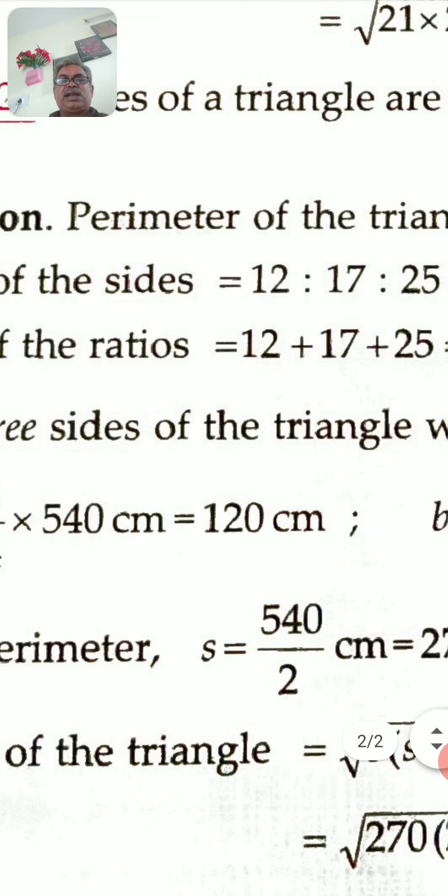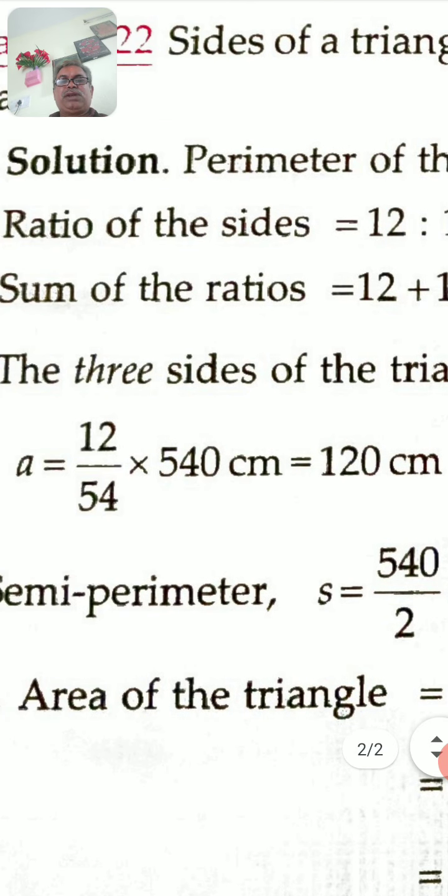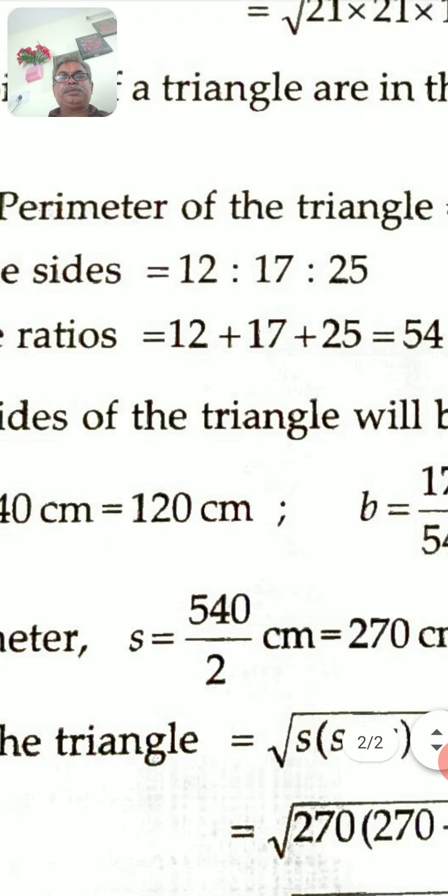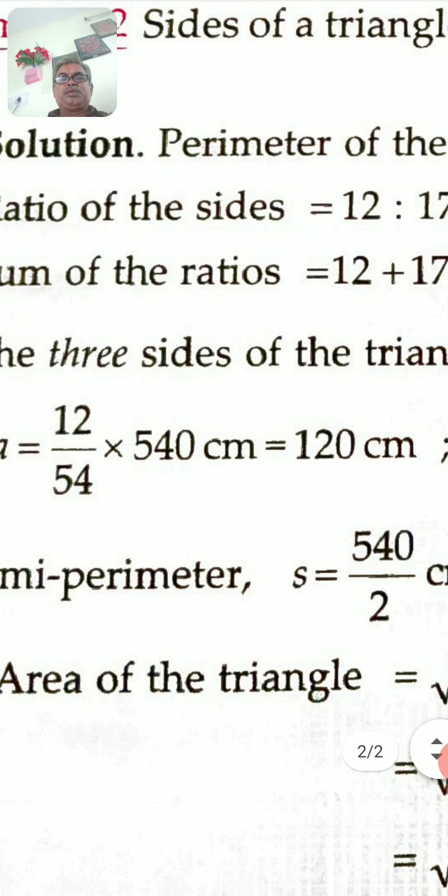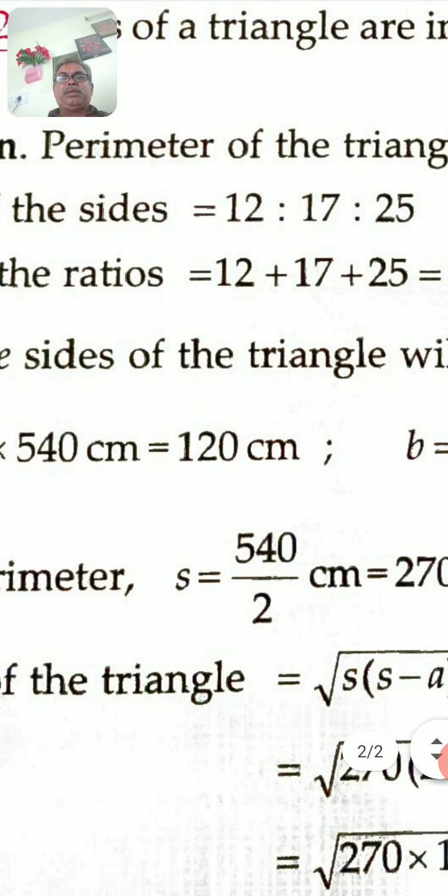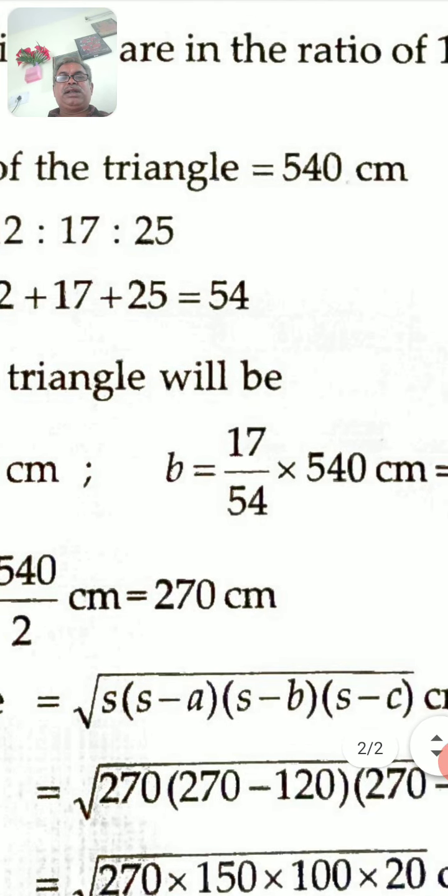Then the three sides of the triangle will be, you can see here, A is equal to the first side: 540 centimeter, and the first ratio is 12 by 54, which is equal to 120 centimeter. Then B is equal to 17 by 54, into 540. So 17 by 54 is the ratio of the second side, then ratio into the perimeter.